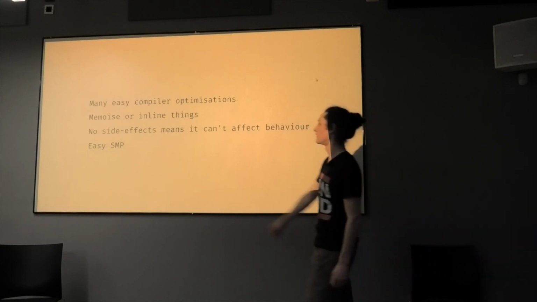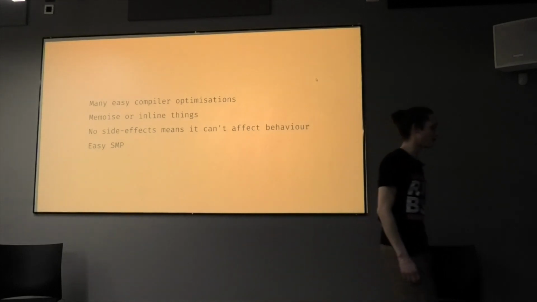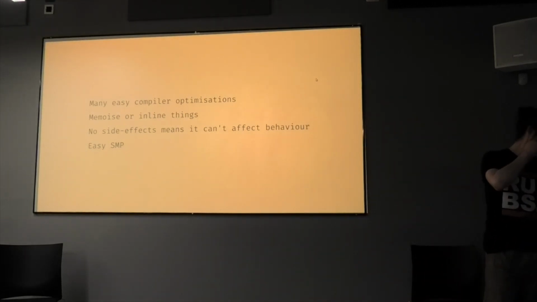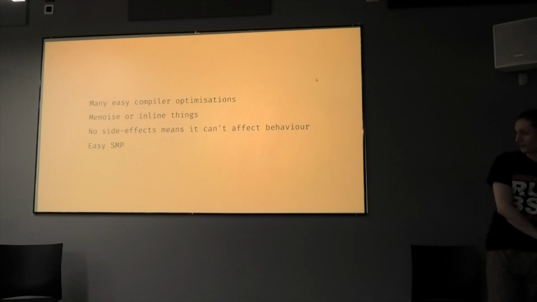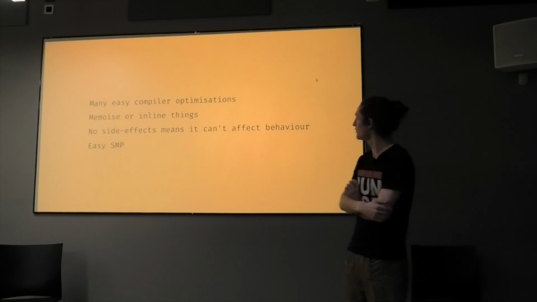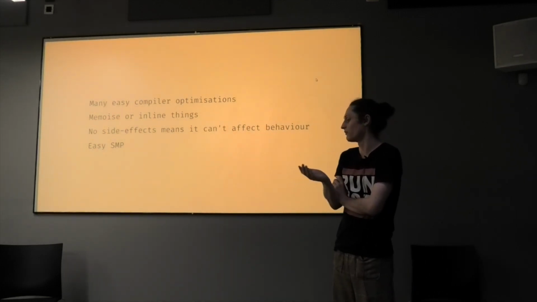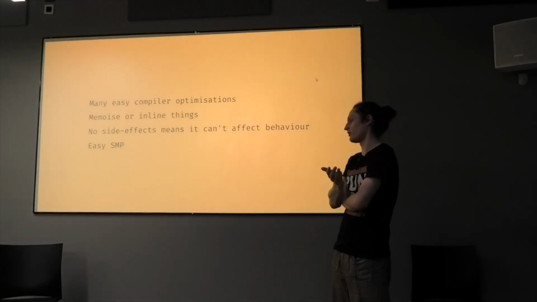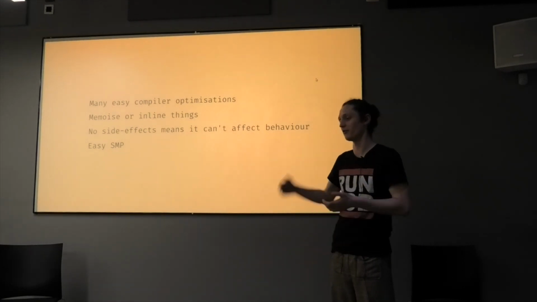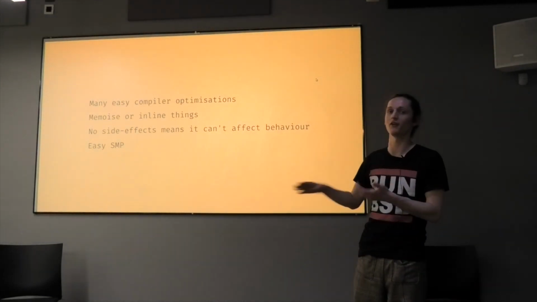And like I said, easy symmetric multi-core processing is another thing which can lead to Haskell and other functional languages actually being pretty fast. And also a lot of the time the thing that you're doing isn't actually CPU bound. The bottleneck in this situation isn't the processor, it's something like the disk or the network.